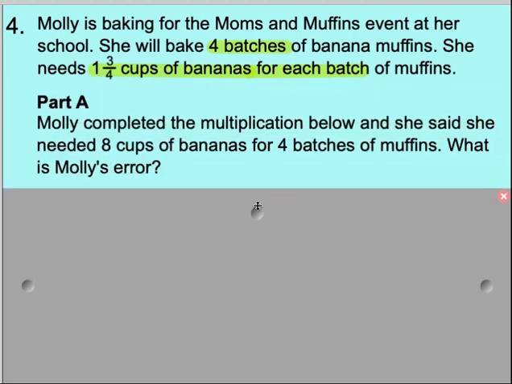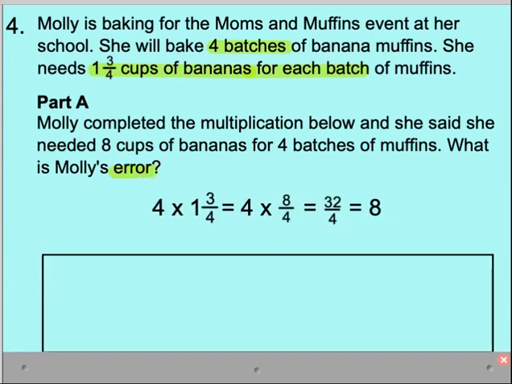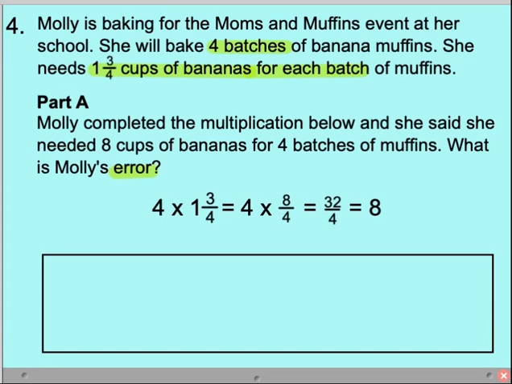Molly completed the multiplication below, and she said she needed 8 cups of bananas for 4 batches of muffins. What is Molly's error? Okay, so we know Molly's doing something wrong. So we're basically just investigators at this point. So let's see if we can figure that out. 4 times 1 3/4.